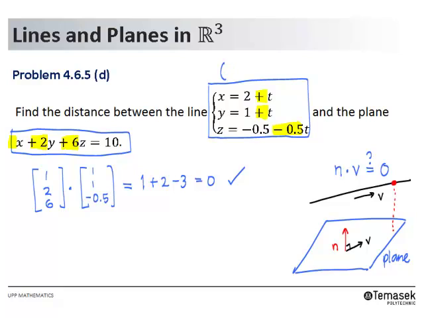Now we observe that the point 3, 2, negative 1 is on the line, and we can measure the distance between the line and the plane as follows.